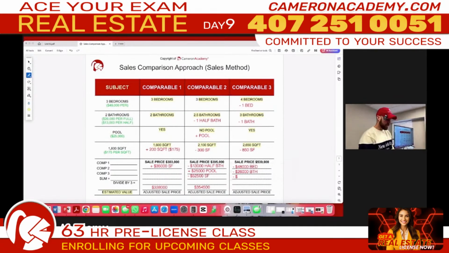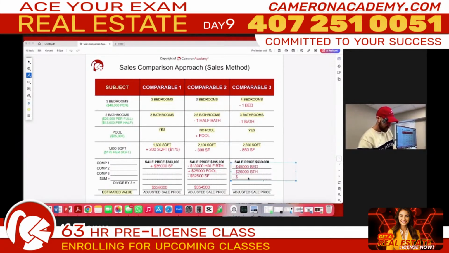It's going to be like 100 and something thousand. 148,750. That's for the difference in square feet. So you subtract, subtract, subtract. And what's our adjusted sale price for comparable number 3? 316,250.